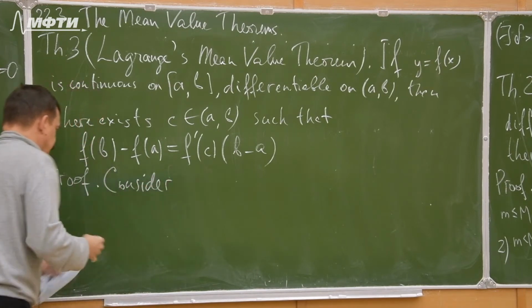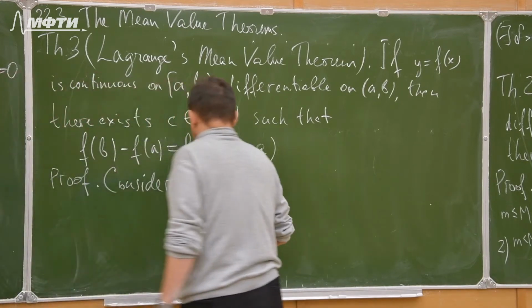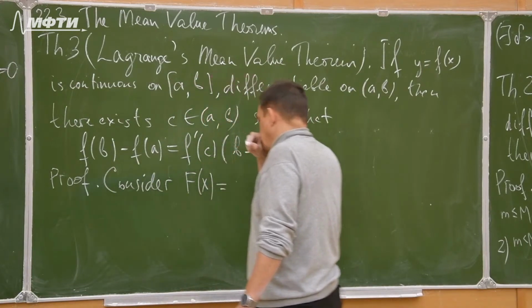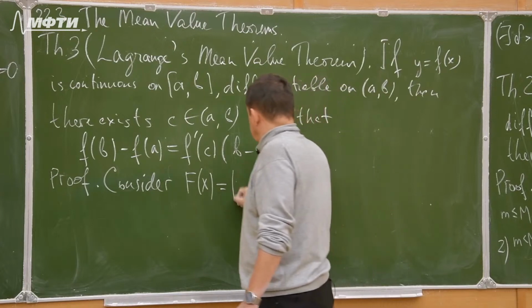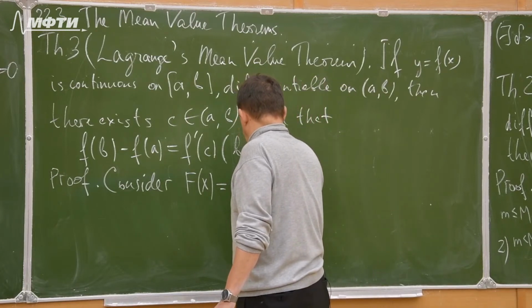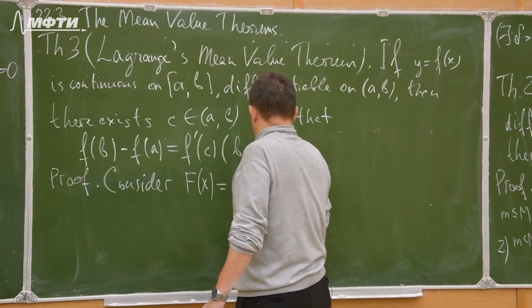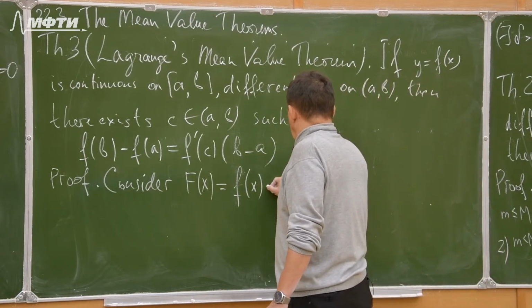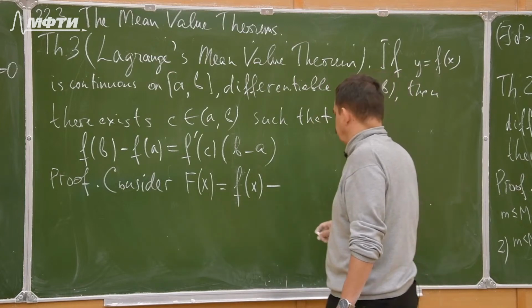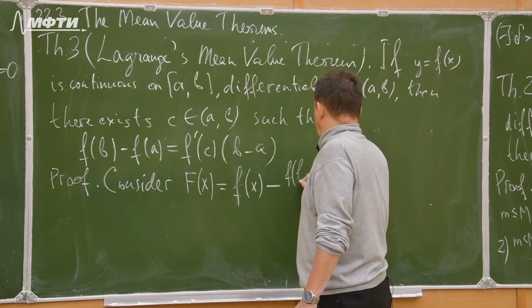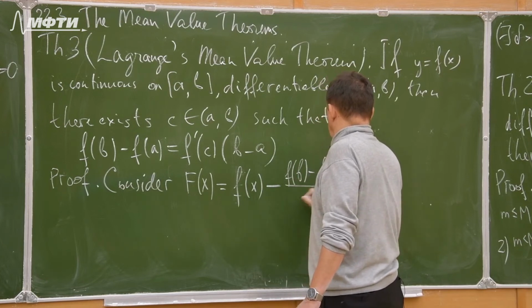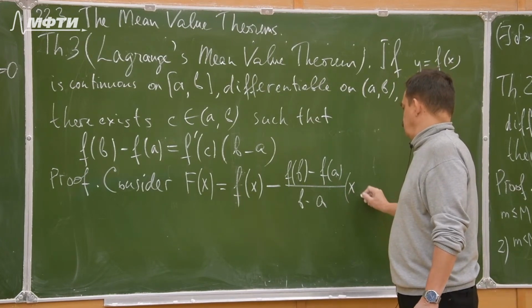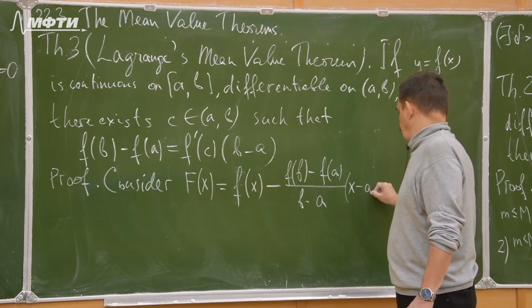Consider capital F of x equals small f of x minus f of b minus f of a over b minus a times, let's say, x minus a.